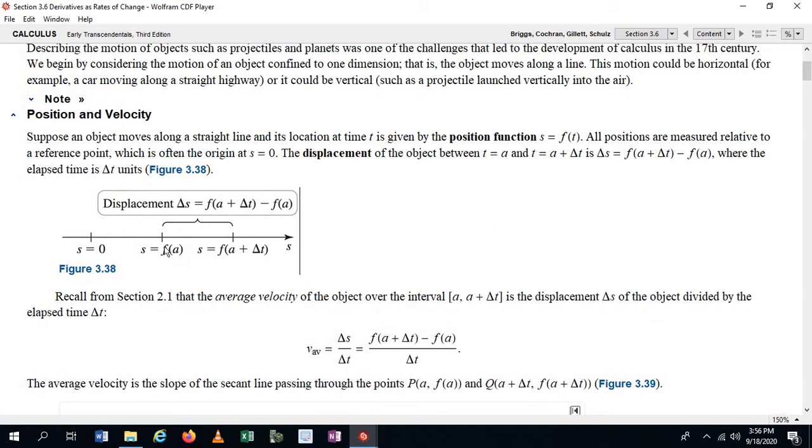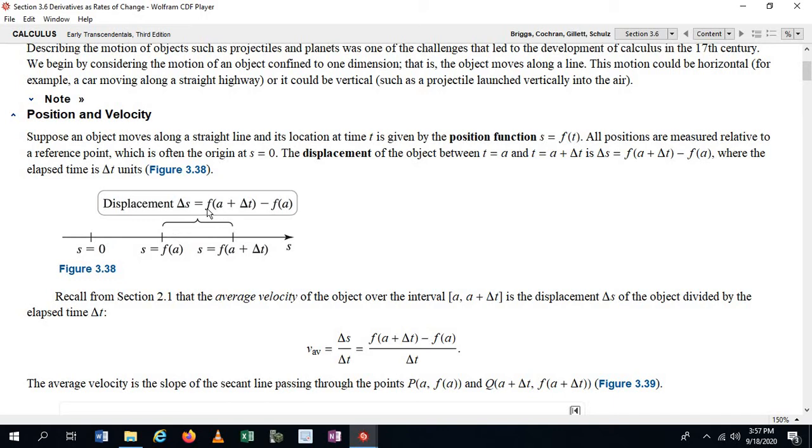Okay, so suppose the object is located at this point when t is equal to a. And then at time a plus delta t, it's located at this position on the number line. If you take its position at this point and subtract its position at this point, that's known as the displacement of the object.